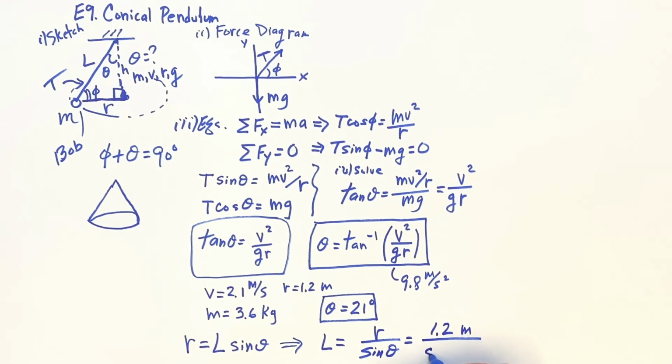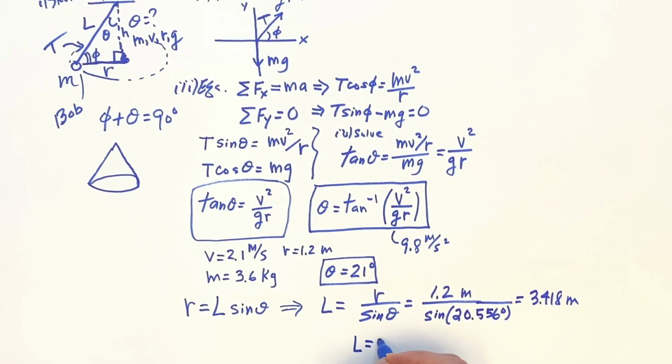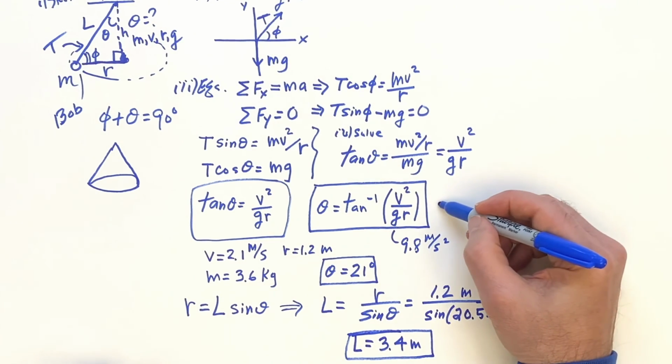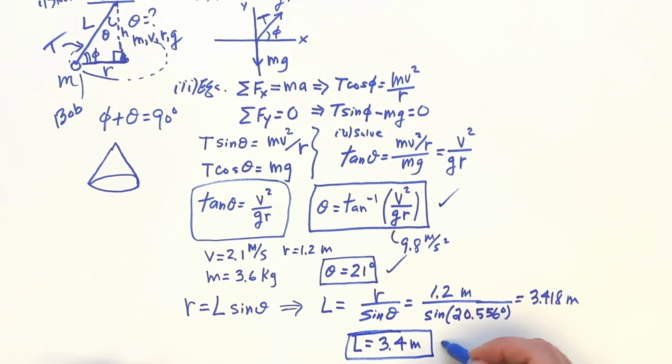And then this is the sine of, now always round off last, so that 21 was before rounding off, 20.556. Again, you can refer to the notes. And that's equal to 3.418 meters. And now we're going to go with two significant figures. It is more reasonable there and there. So we have the three answers. This was question 1, question 2, and question 3.